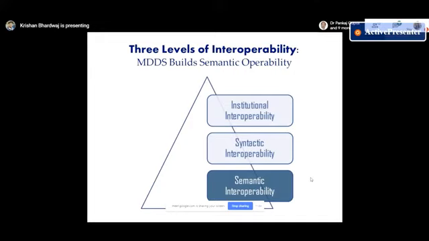So then, committees were constituted under each ministry, and they were assigned the task of defining the data model, and for the data model to define the metadata of those data elements. So as part of that, Ministry of Health was entrusted with the task of making one committee, and this was called the MDDS Committee for Health. And they were also given the task to define all the data elements related to health domain.